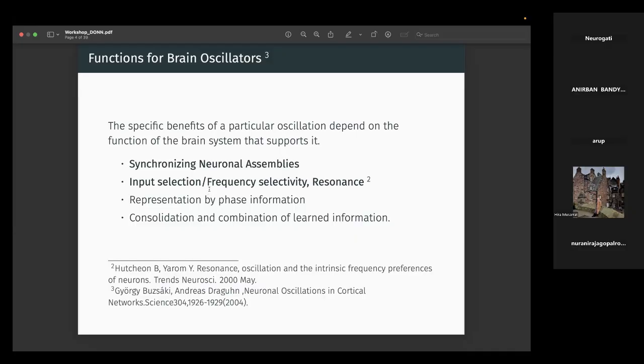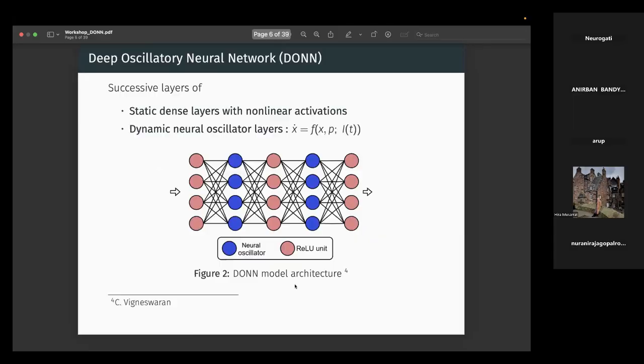So the four types of brain functions that have been mentioned here have been taken from Buzsaki and Raghu's paper on neuronal oscillations and cortical networks. I suppose this kind of image is now familiar to everyone, especially after the workshop. This is a neural network with successive neurons and weights, and successive stages of those.